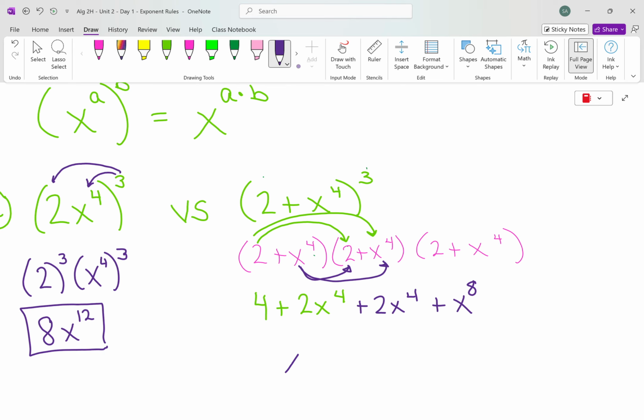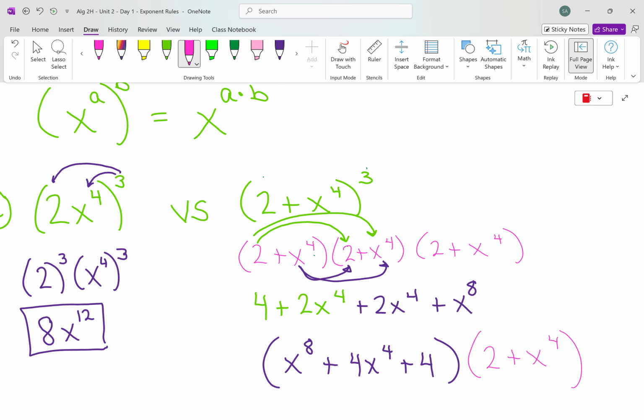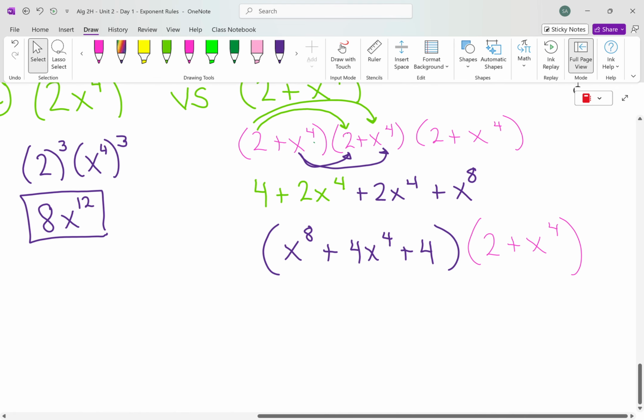Now I'm going to combine my like terms, so I have 4x to the fourth. Oh, sorry, let's put the biggest one first. x to the 8th plus 4x to the fourth plus 4 times 2 plus x to the fourth.